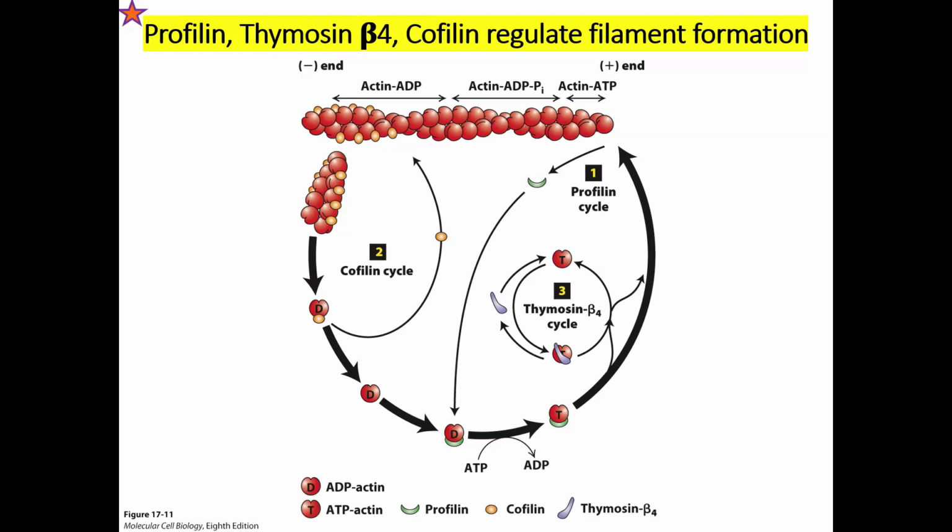The critical concentration here is actually less, here it is more, and you have a critical concentration which is more than this end, so it is being added. Now, what is happening is that thymosin beta 4 is taking away a few thousand or million molecules of the ATP actin and taking it out of the pool, so they are not available, so the concentration of ATP actin is decreasing.